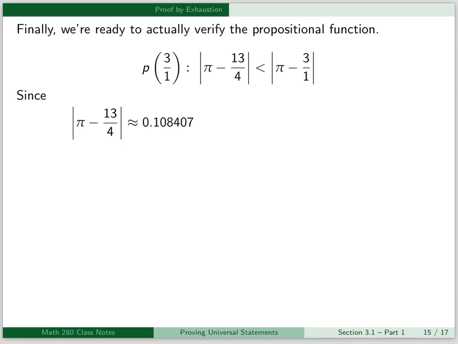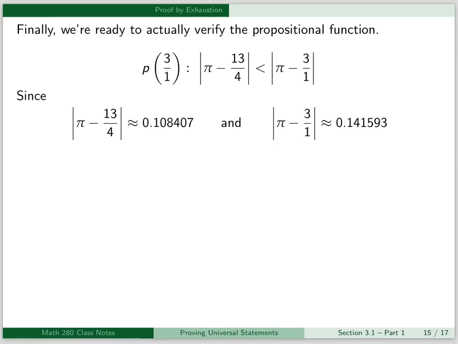Since the absolute value of pi minus 13/4 is approximately 0.108407, and the absolute value of pi minus 3/1 is approximately 0.141593, then we can see that p of 3/1 is true.